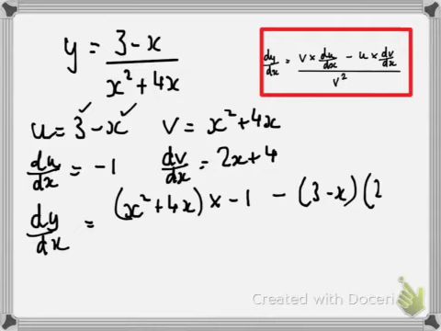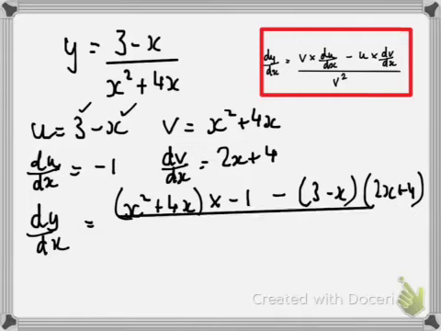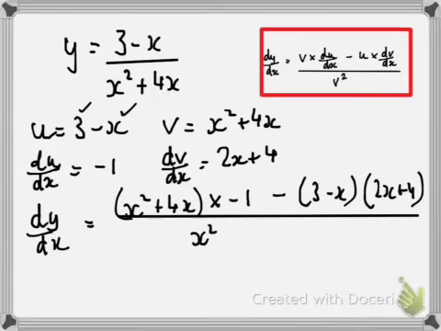That's the derivative of v. And all of that goes over v squared. V is x squared plus 4x, so it's x squared plus 4x all squared.